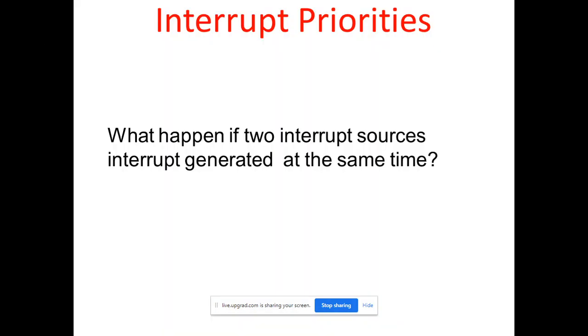The next part is interrupt priority. Now we know that when an interrupt arises, the controller takes the starting address of the ISR and executes that ISR. But in some situations, two interrupts arise at a time. In that situation, how does the controller handle it? That is the question.